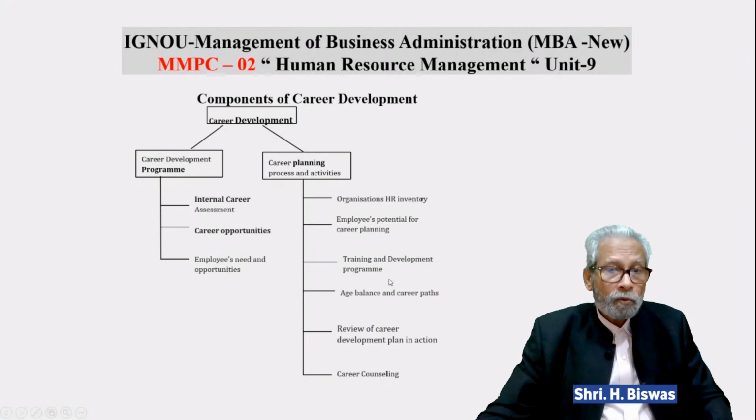Then training and development program. You have to set these things for career development. Then age balance and career path. Suppose in the 30 or 40 years you have some different type of career path. Those who are young in computers should have another path.